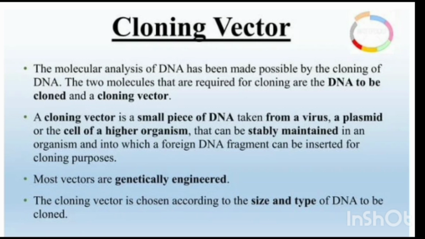A cloning vector is a small piece of DNA taken from a virus, a plasmid, or a cell of a higher organism, that can be stably maintained in an organism, and into which a foreign DNA fragment can be inserted for cloning purposes. Most vectors are genetically engineered, and a cloning vector is chosen according to the size and the type of DNA to be cloned.